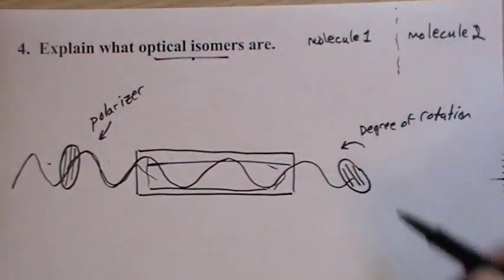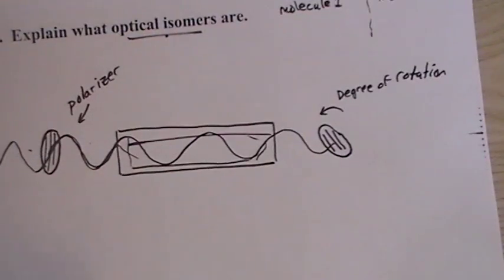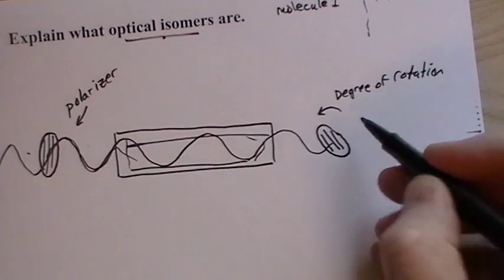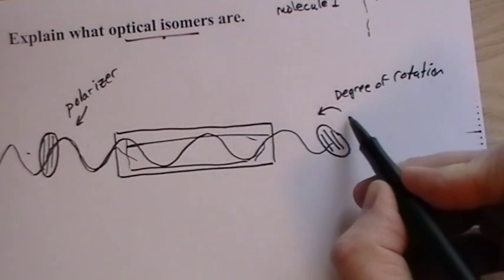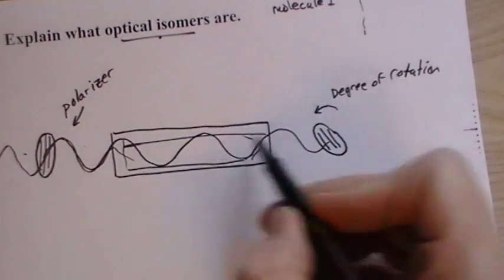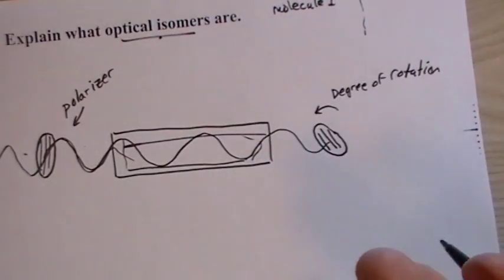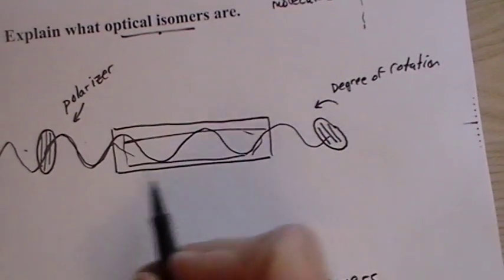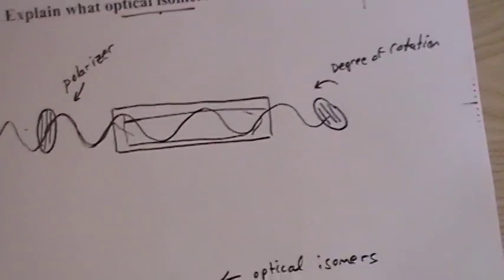As that plane of light goes through, it gets tilted, and the degree of rotation is measured for each optical isomer. If one isomer rotates it one way, the other isomer will rotate it the other. It's so subtle that the only way of noting the difference is if they affect plane polarized light.